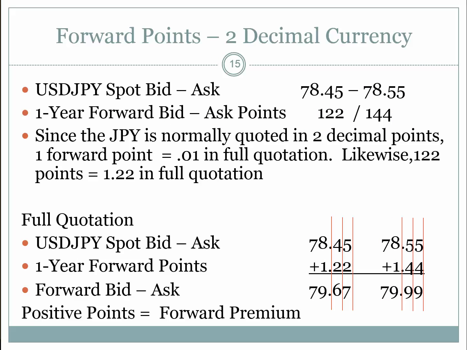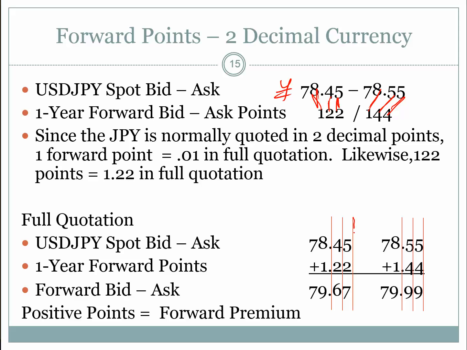Now here's an example with a 2 decimal place currency. Say the yen price of $1 is 78.45 bid, 55 ask in spot markets. And you're told that the points for a 1 year forward are 122, 144. Now, these decimal places, if I were to right justify and line them up, look like this.